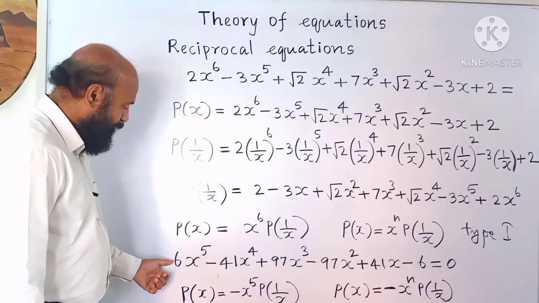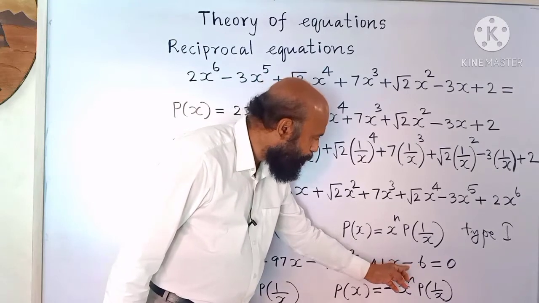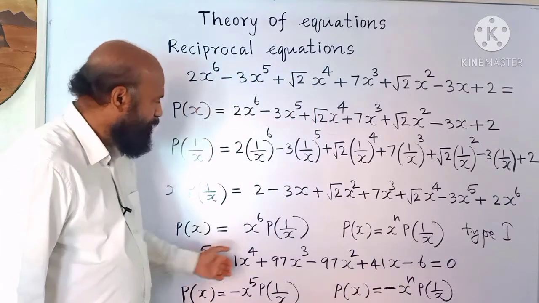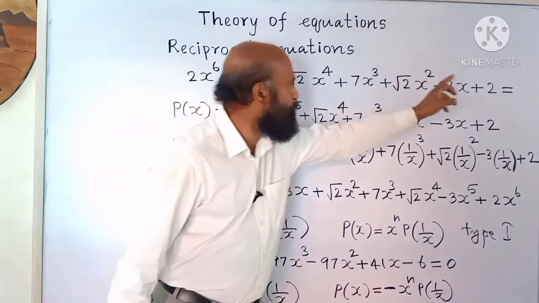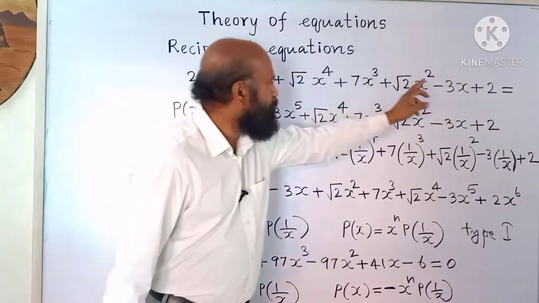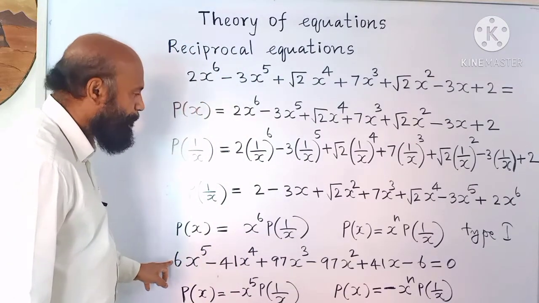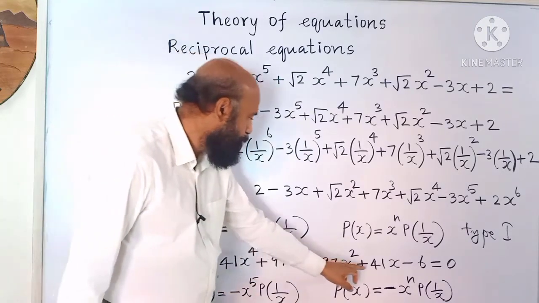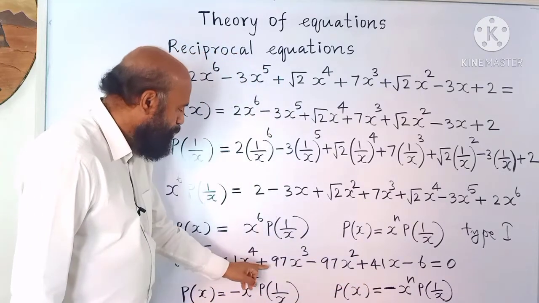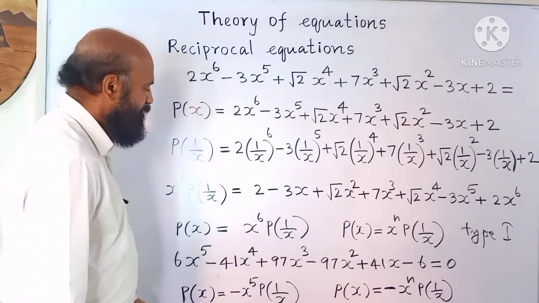Now you see this polynomial. The coefficients from the beginning are equal to the coefficients from the end, but with opposite sign: plus 6 minus 6. Here the same sign, plus 2 plus 2, minus 3 minus 3, but here equal but opposite sign, 6 minus 6, minus 41 but plus 41, plus 97 minus 97.